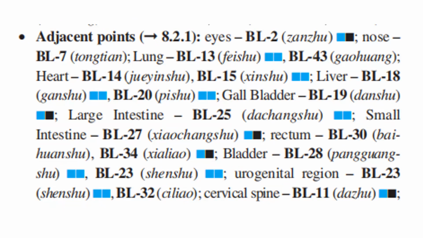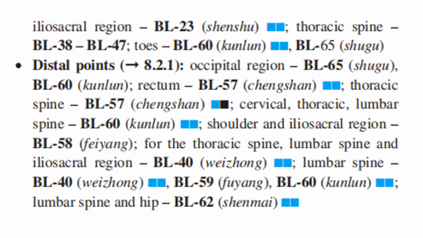Rectum, bladder 30, bladder 34, bladder 28. Bladder 23. Urogenital region, bladder 23, bladder 32. Cervical spine, bladder 11. Iliosacral region, bladder 23. Thoracic spine, bladder 38, bladder 47. Toes, bladder 60, bladder 65.